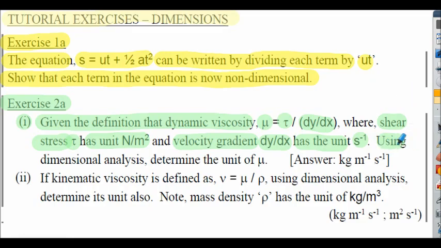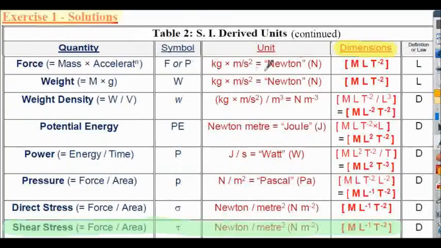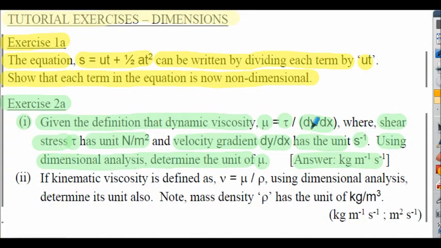We're asked to use dimensional analysis to determine the unit of mu. Answer is given in the bracket here. And again, referring to an extract from table 2, here are the dimensions for shear stress. And obviously the dimension for the gradient dy by dx is going to be T to negative 1.